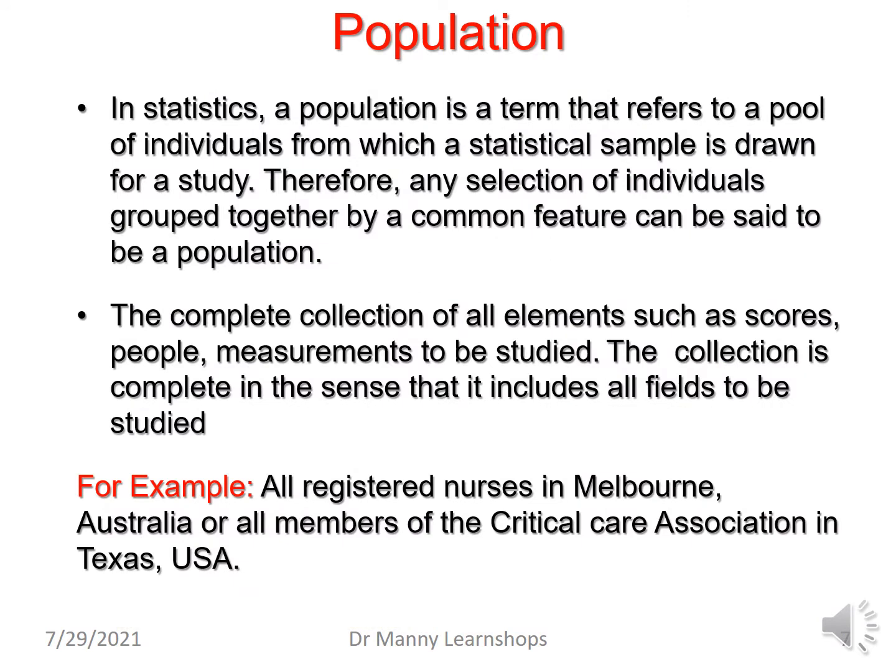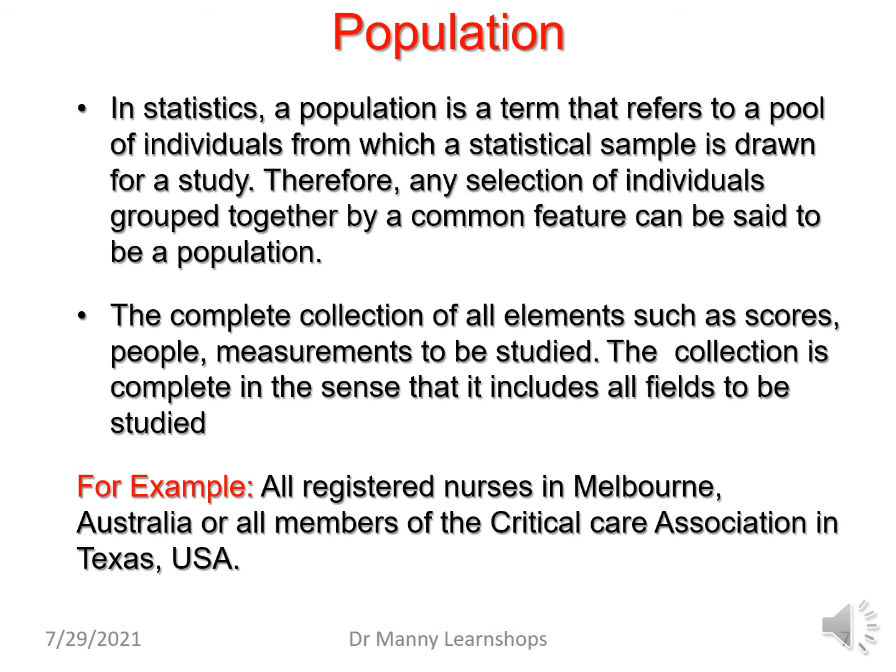When we look at population in statistics, a population is just a term that refers to a pool of people, individuals, from which a statistical sample is drawn for your study. Therefore, any selection of individuals grouped together by a common feature can be said to be a population. They can be nurses, doctors, domestics.